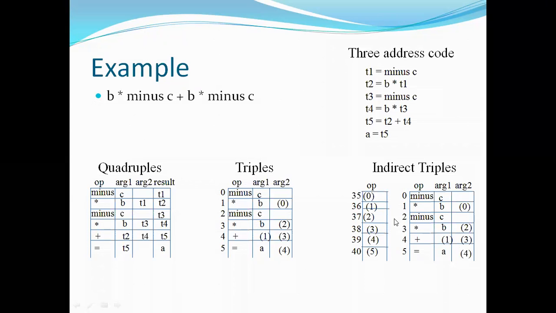Indirectly I am pointing out, but in triples I am directly pointing out from the temporary variables. If I want to check what the 0 consists of, I directly check that the 0 is with a temporary variable t1, right? But it can be done in an indirect manner, it can be done in a direct manner, nothing more.